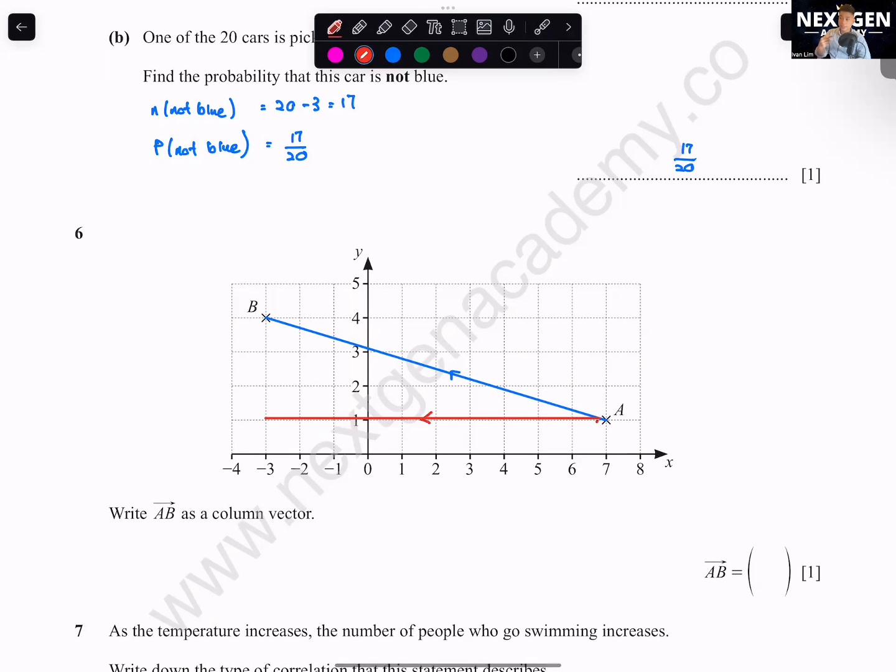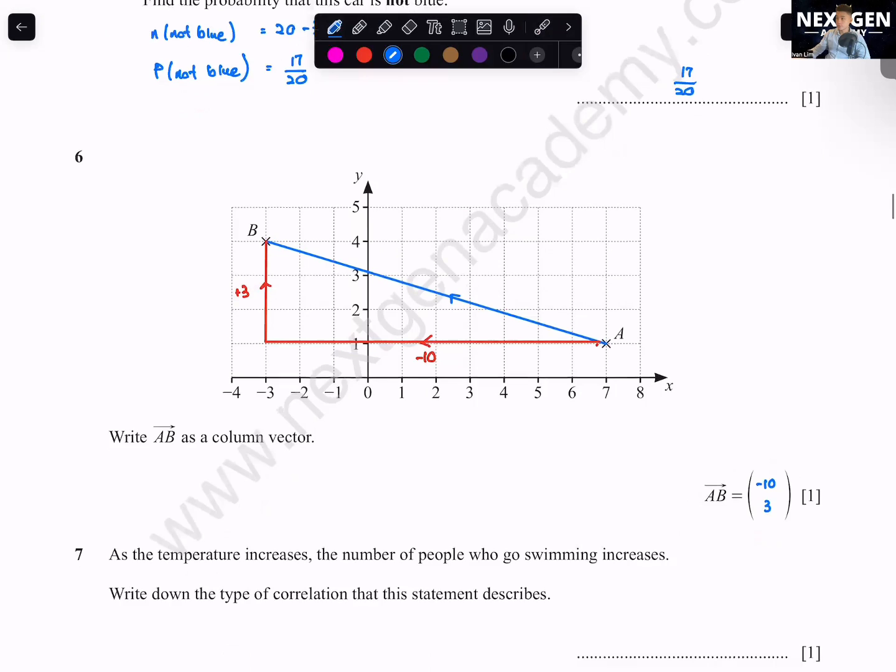Going to the left means negative. So this will be negative 10. Going up, this one will be positive 3. You have to remember column vector is presented in X and Y. So our answer here is minus 10, 3. Minus 10, positive 3.